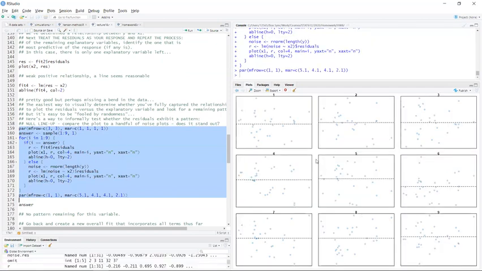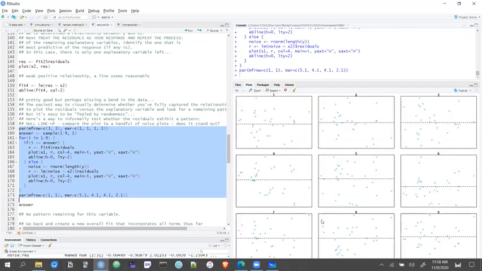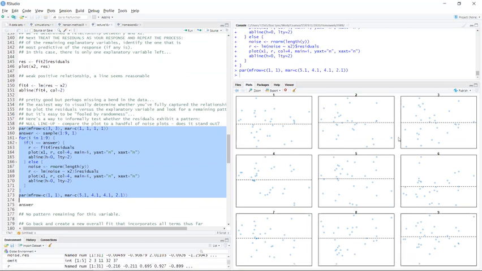So I drew these. For the sake of time, let's not actually spend time looking at these. But when I looked at these, my conclusion was that there's not a relationship remaining.